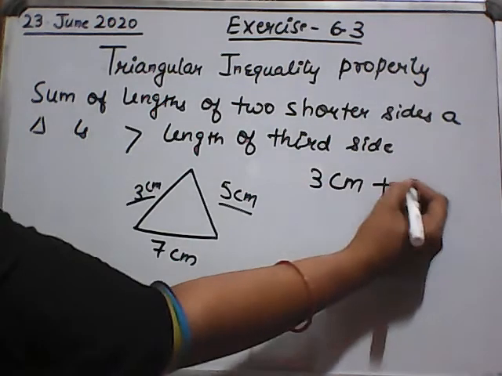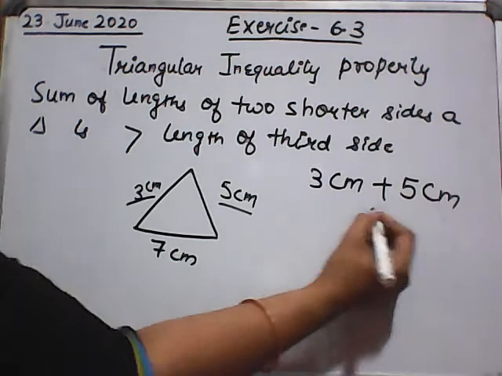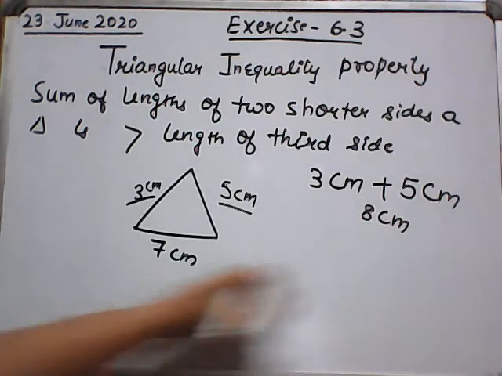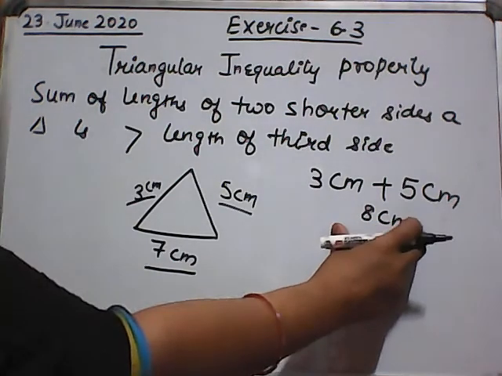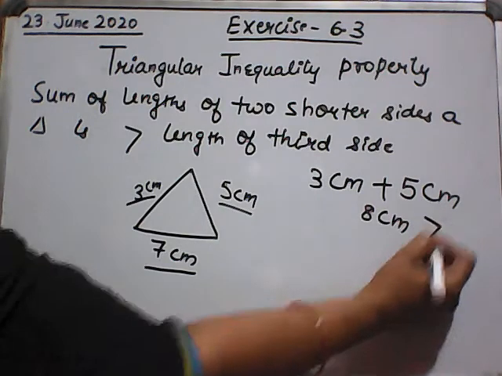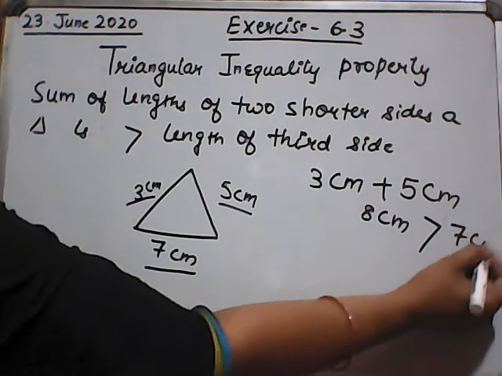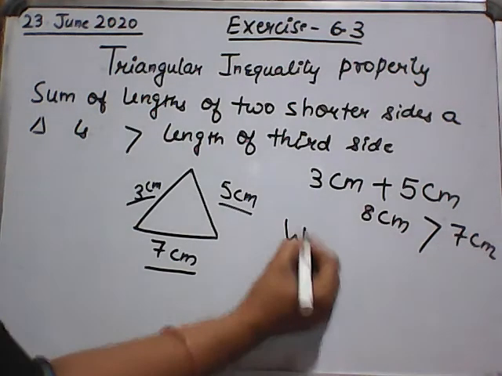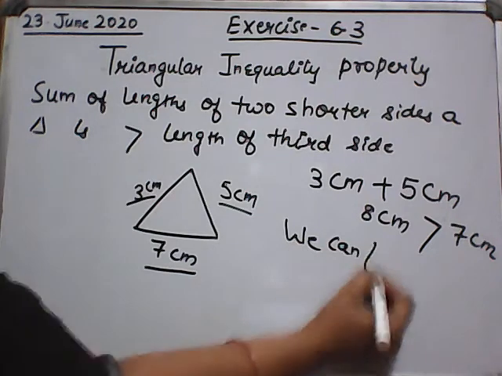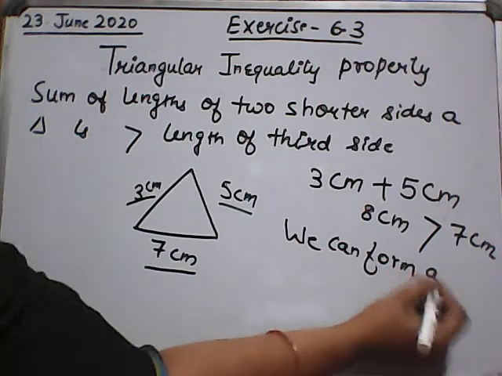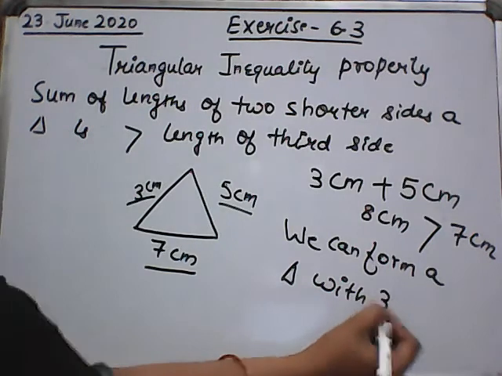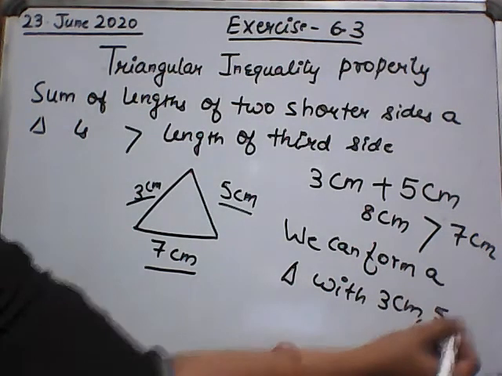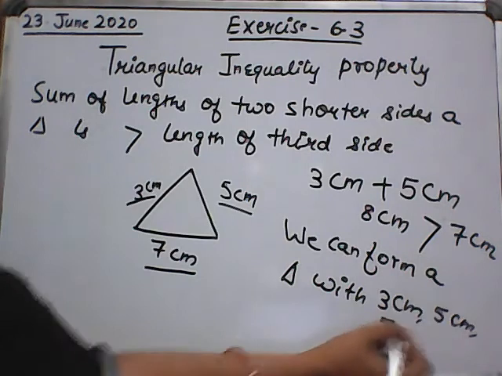The sum of the two shorter sides is 8 centimeter, and the longer third side is 7 centimeter. Now the sum of the two shorter sides is greater than the third side, so we can form a triangle with the given sides 3 centimeter, 5 centimeter and 7 centimeter.